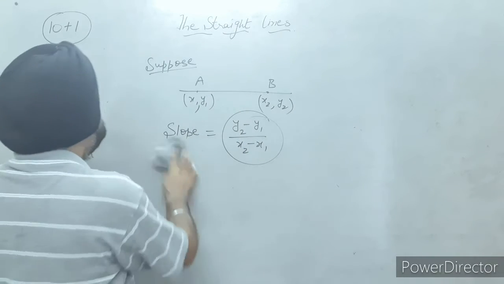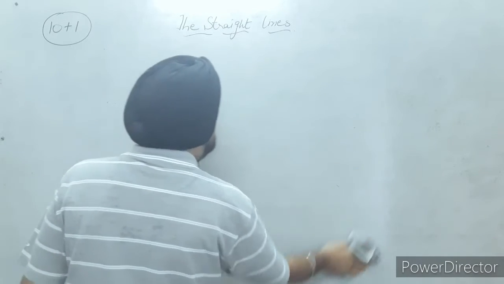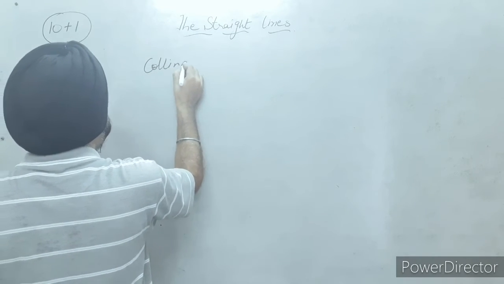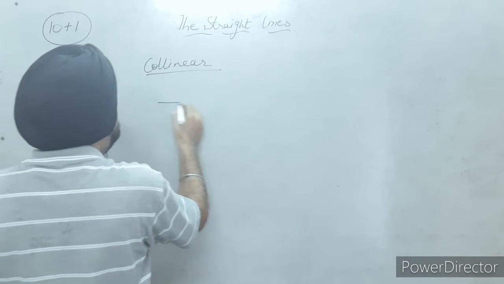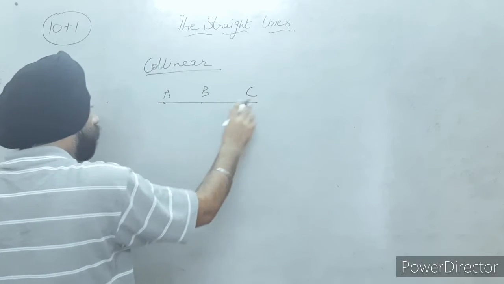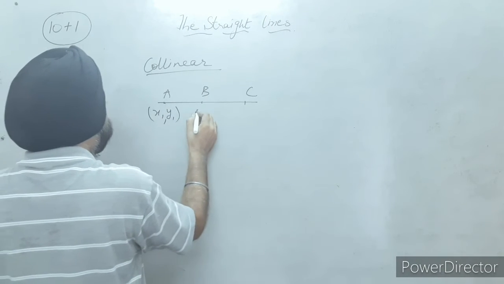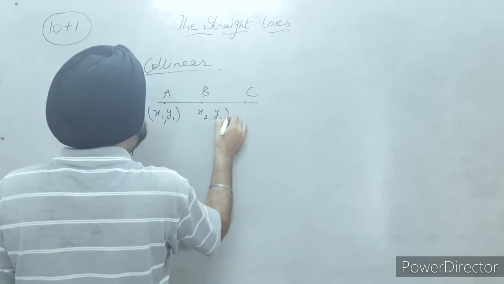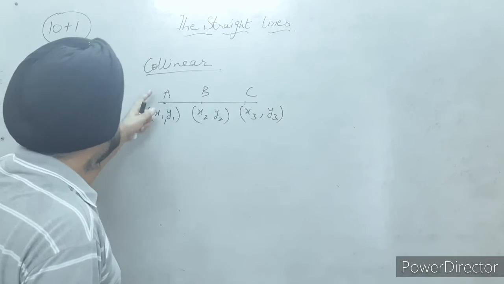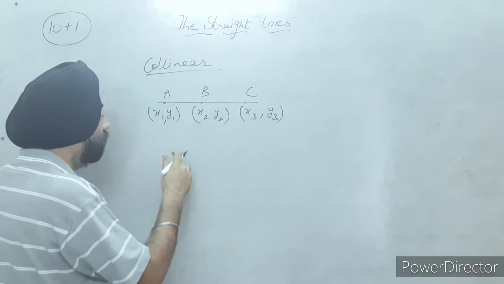Now we will use the concept of slopes to prove that 3 points are collinear. Say I have A, B and C. These are 3 points lying on a straight line. I have to prove that these are collinear. I have their points x1, y1, x2, y2 and x3, y3. So how can I prove it? Using the concept of slope.